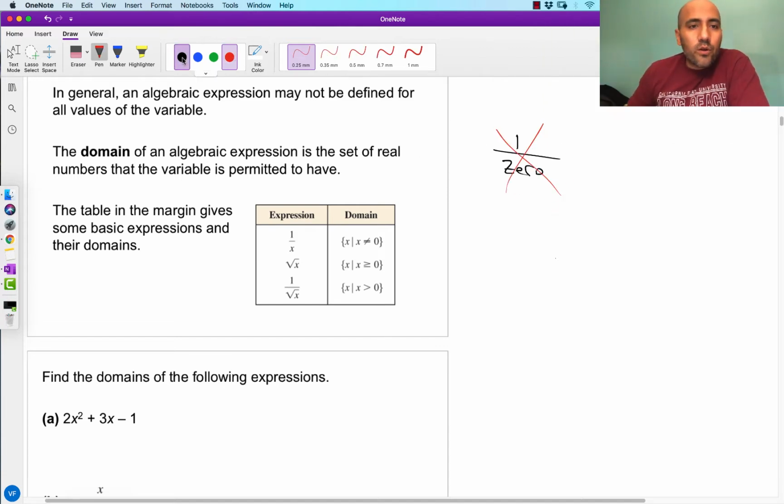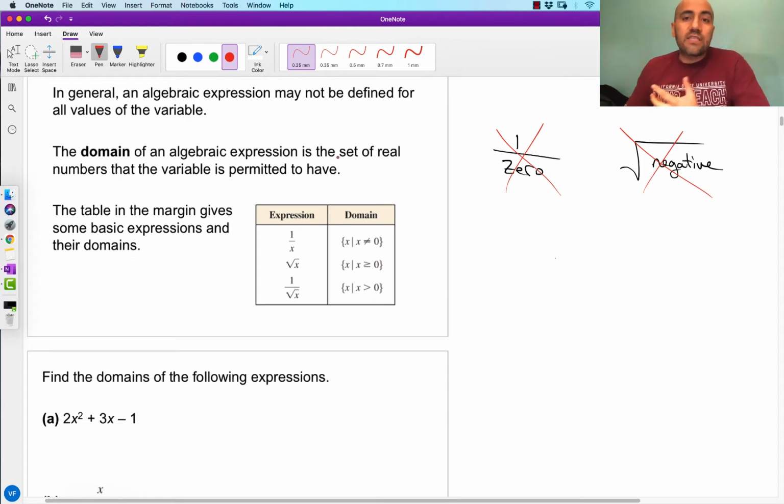And we don't want to deal with anything where we have a square root of a negative number, because we know that that leads to an imaginary number, right? The square root of -3, the square root of -4. That's an imaginary answer, and we don't want to deal with those. We want to stay within the domain of real numbers. It's not just the square root, it's any even root, right?